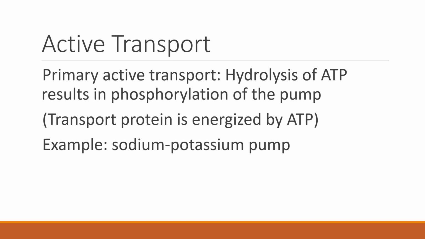But for now, let's just touch on the subject by saying that for this sodium-potassium pump, this membrane pump, which is a protein, to work, you need to have ATP, and the ATP phosphorylates that transport protein in order for it to work.